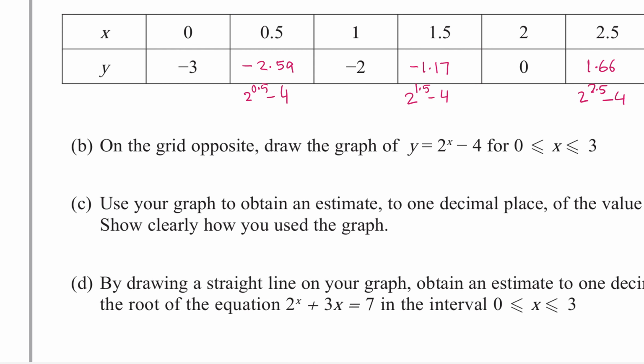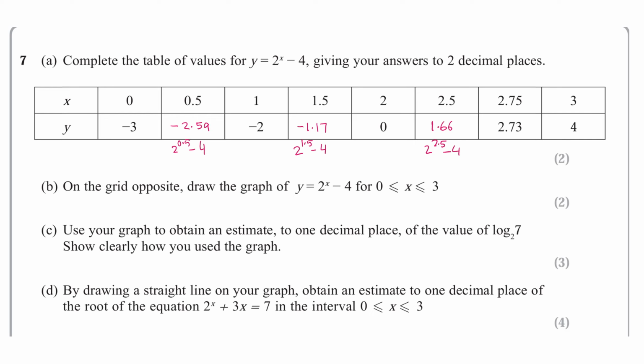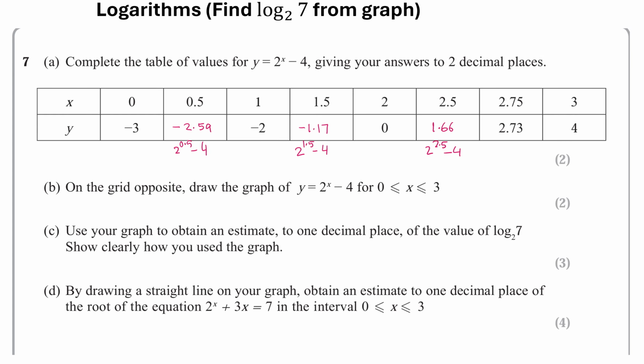And then 2.5, where y is 1.7. So x is 2.5, y is 1.7, and that's here.